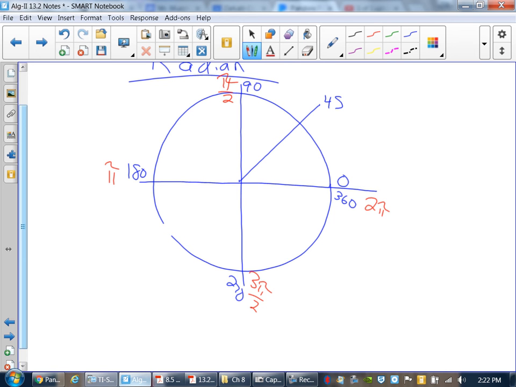Half of a half is a fourth. Count fractions. 1/4, 2/4, 3/4 at 135 because I'm adding 45 degrees. 4/4 is a whole.